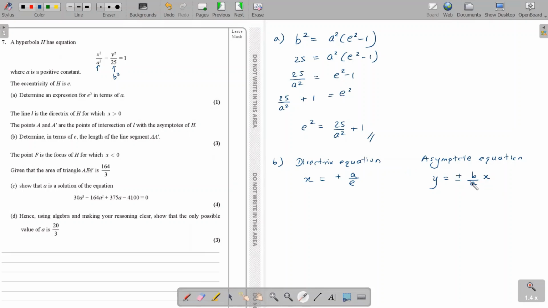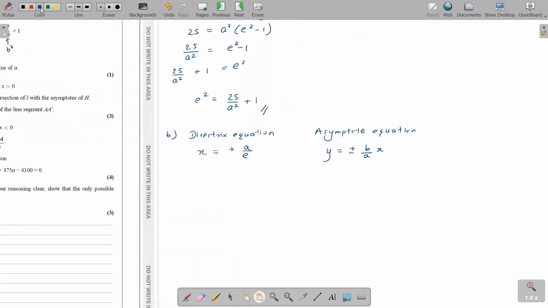So A and A dash are the places where this directrix meets these asymptotes, and we must determine the length of the line segment A A dash. If you want a small visual representation, you can draw the hyperbola like this.